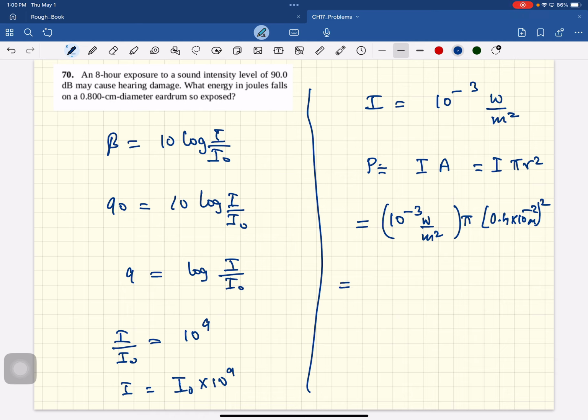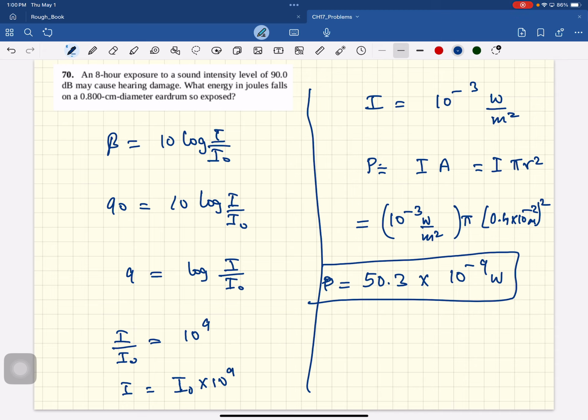So the power falling on your eardrums, the energy falling per second, is 50 billionth of a joule per second, okay?